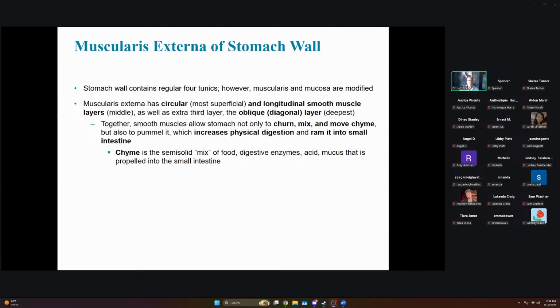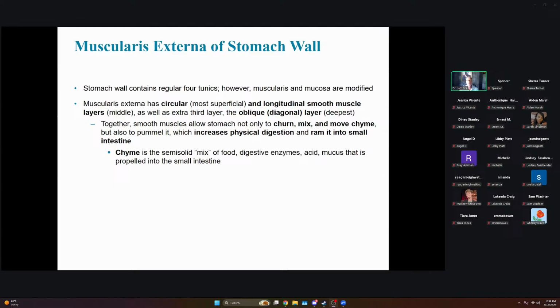Okay, there are two significant differences with the stomach compared to all of the other organs of the alimentary canal, like the small intestine and the esophagus, etc.